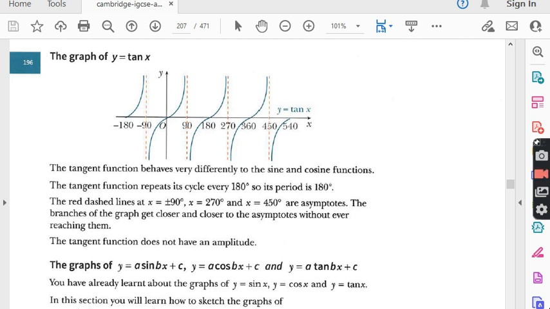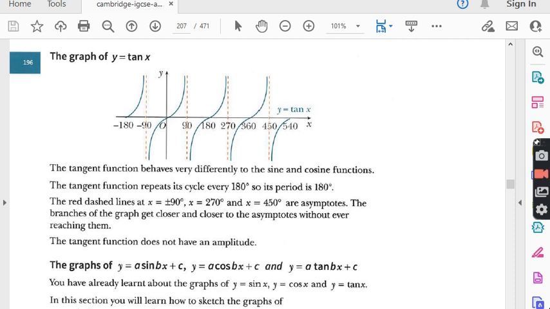Students, in the last lecture we completed question number 2 of exercise 9.4 from chapter number 9, named trigonometry, and the topic of exercise 9.4 is graph of trigonometric functions.